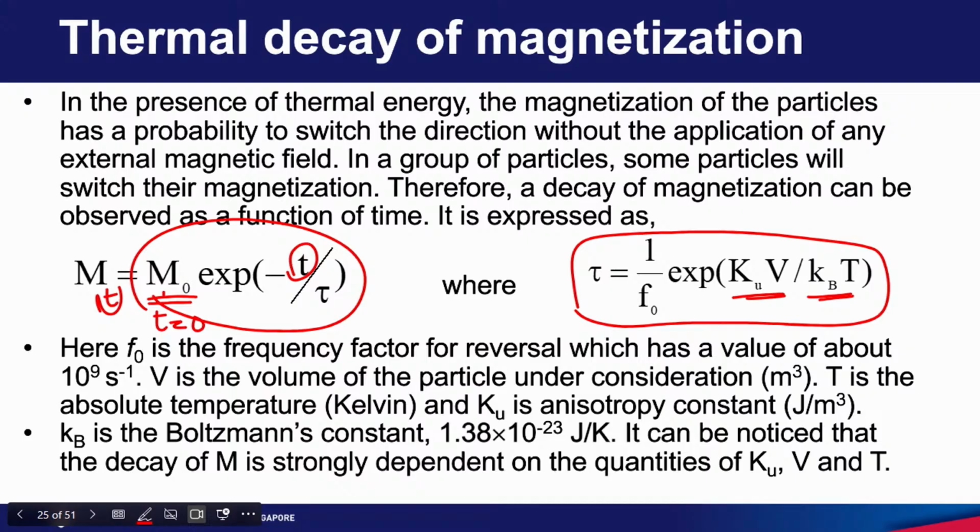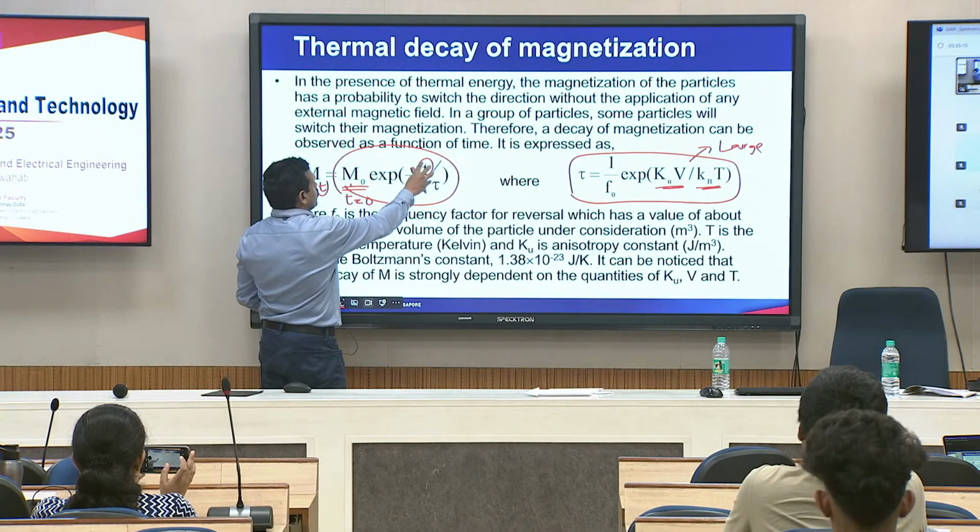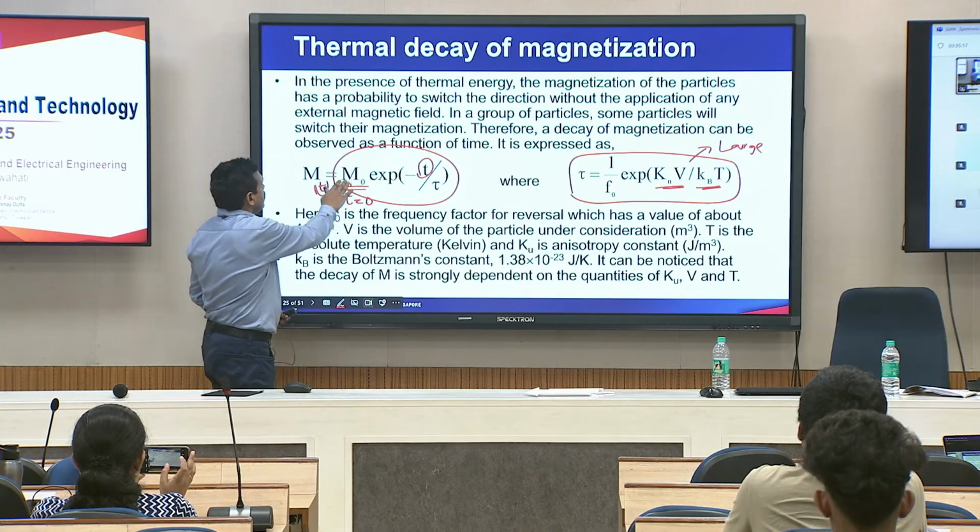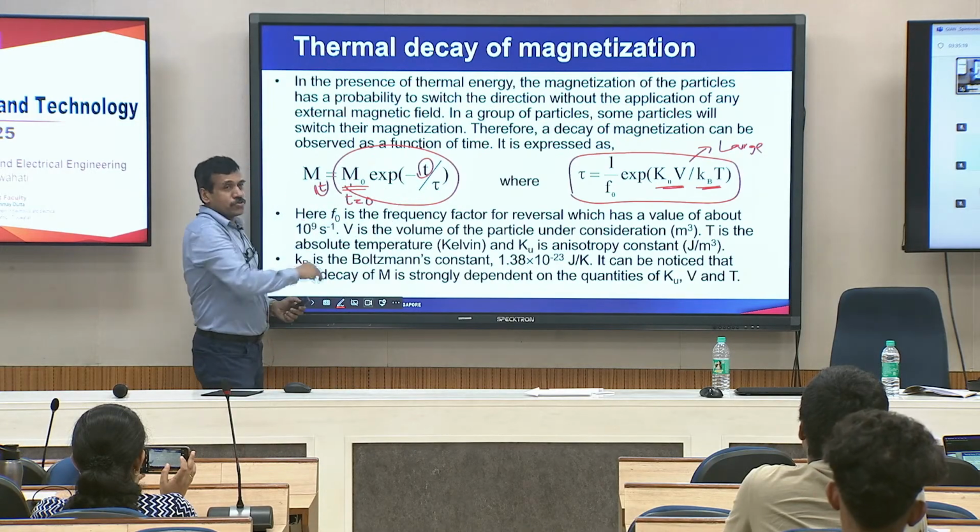So, if this ratio is large, this number is going to be large. So, if tau is large, this number is going to be small, then magnetization will not decrease much.